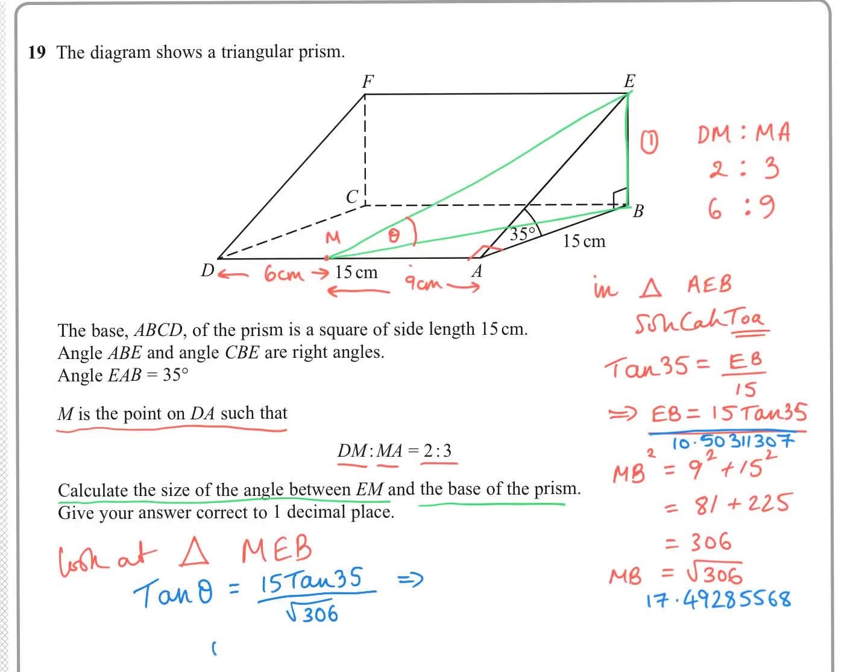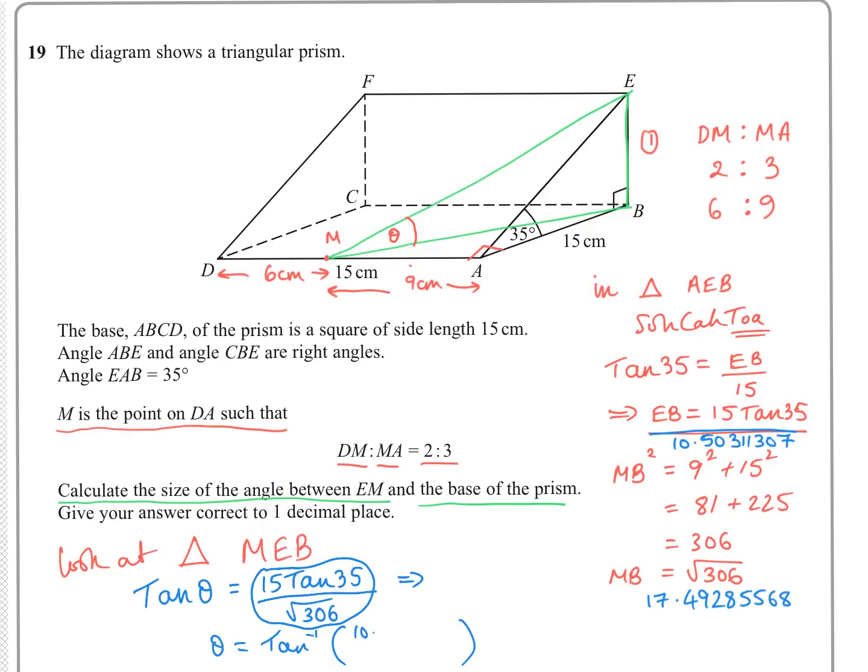You can either say theta is arc tan, or tan to the minus 1, of exactly what this right hand side is after you've put it into the calculator. So I'm going to do that now. So you can either do it all as one by typing out tan to the minus 1 brackets, and then brackets again 15 tan 35 divided by root 306, but I think it's safer at this point to put the decimals in.